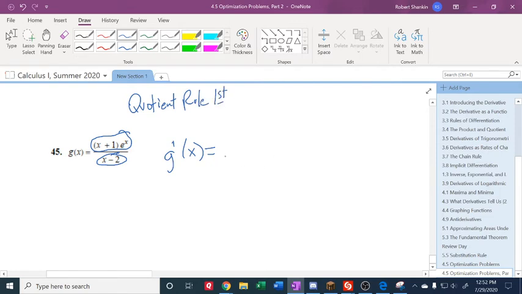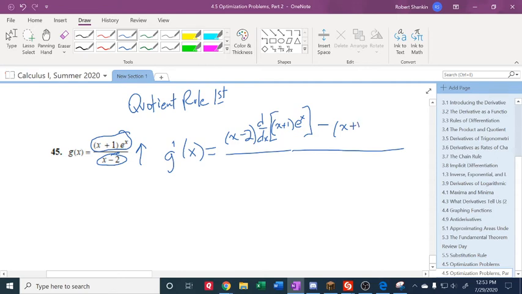Remember in the quotient rule, I like this arrow. The bottom times the derivative of the top, minus the top times the derivative of the bottom.